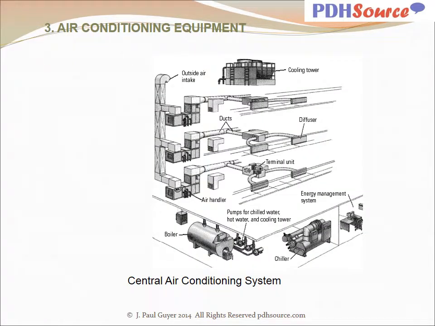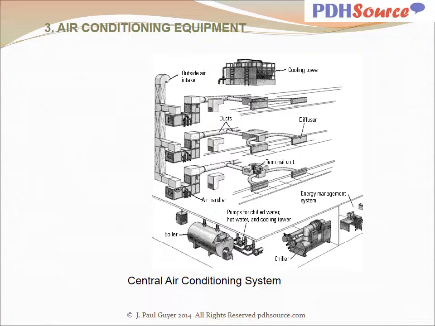Now, there are a number of different ways that a central air conditioning system can be put together, bringing together various pieces of equipment and connecting them up, constituting a central air conditioning system.